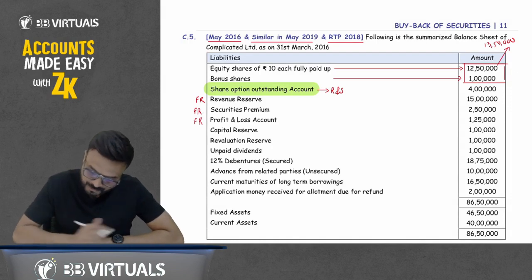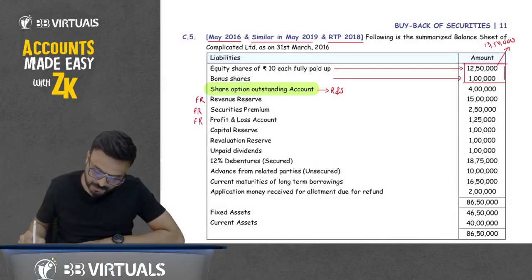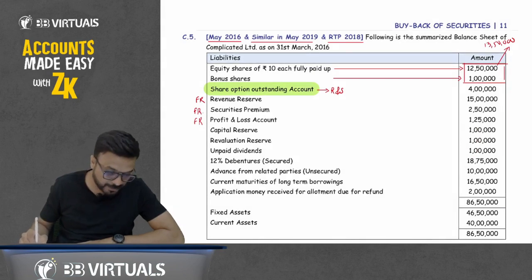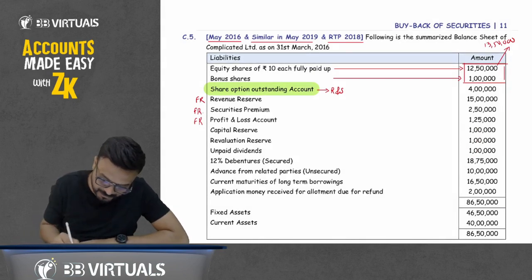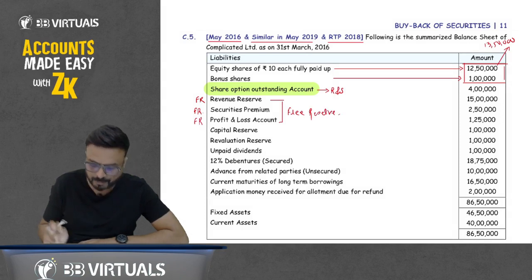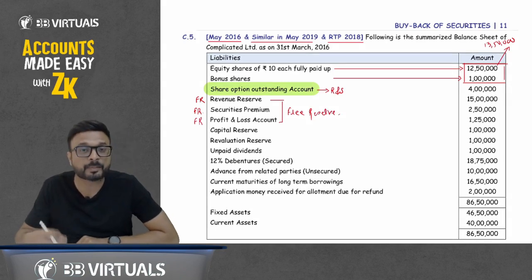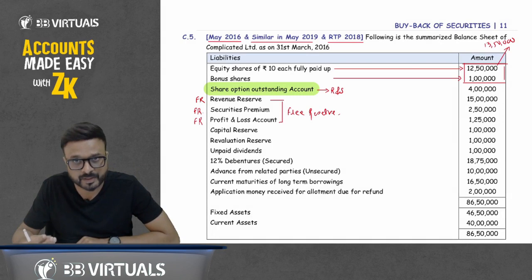Then capital reserve you have here 1 lakh, revaluation reserve 1 lakh, unpaid dividend 1 lakh. Unpaid dividend is a liability. I know that securities premium is not a free reserve, but for the purpose of buyback, as per the Companies Act, we also consider it as a free reserve.